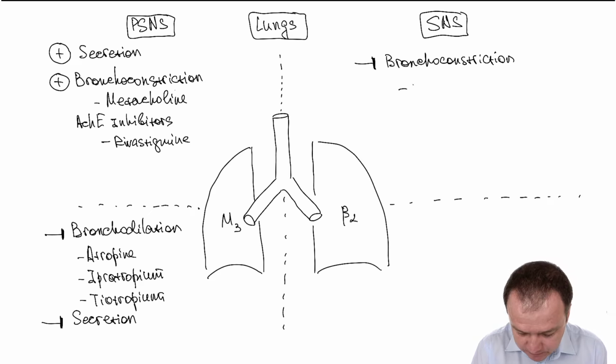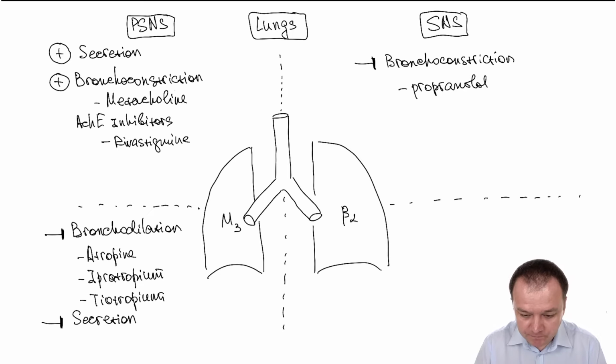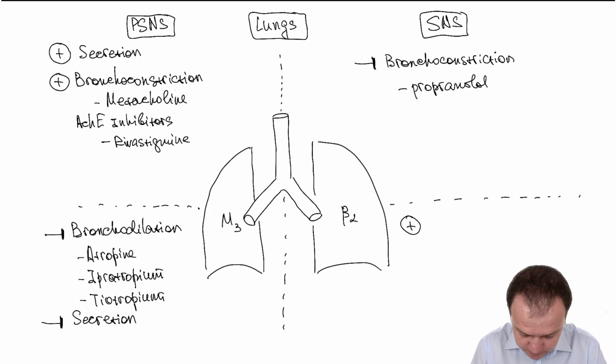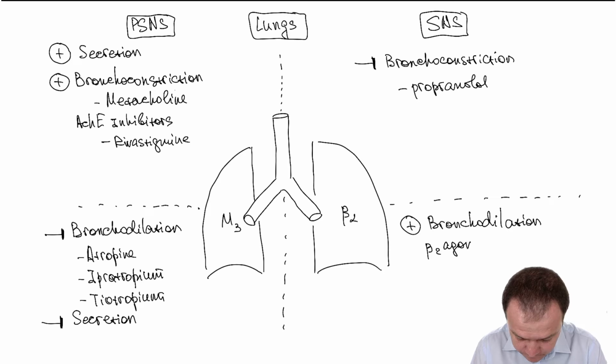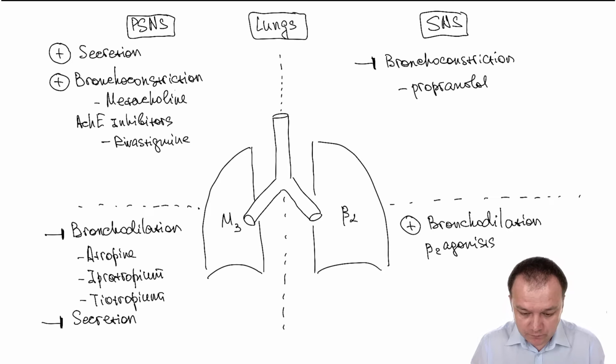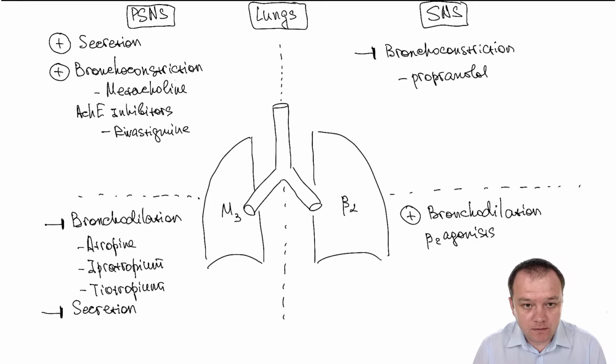So let's say propranolol here. And stimulation of beta 2 adrenergic receptors causes bronchodilation. Stimulation with beta 2 agonists. These drugs are very useful for control and prevention of bronchial asthma attacks.